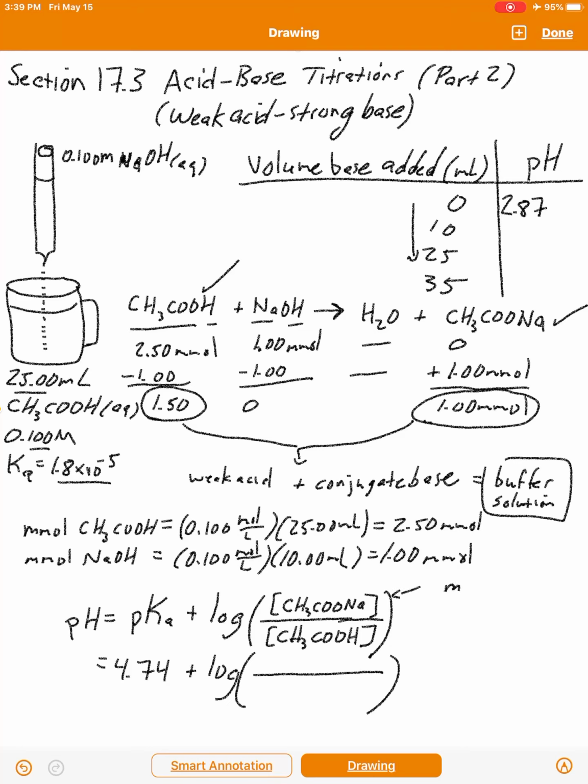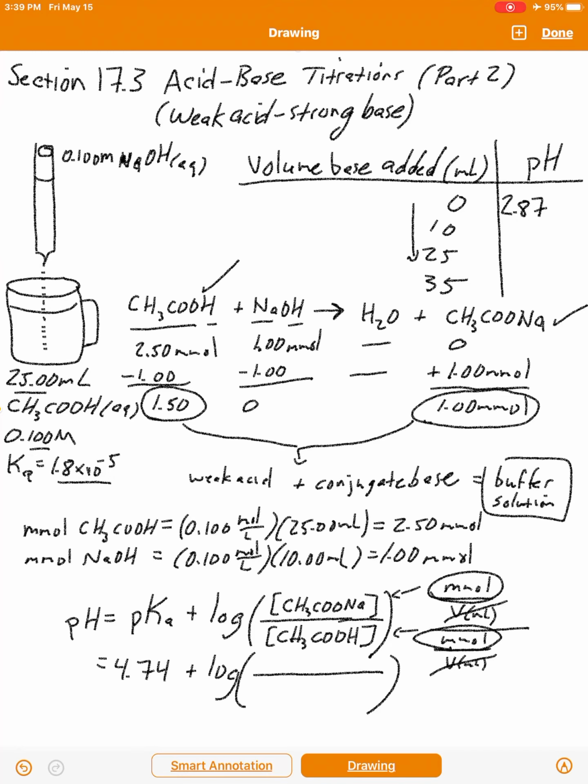the number of moles, in this case millimoles, divided by the total volume in milliliters. And that's true for both of them. Millimoles of the acid divided by the volume in milliliters. So it's the total volume. These two cancel. So really all you need to know are the millimoles, and that'll give you the ratio right there.